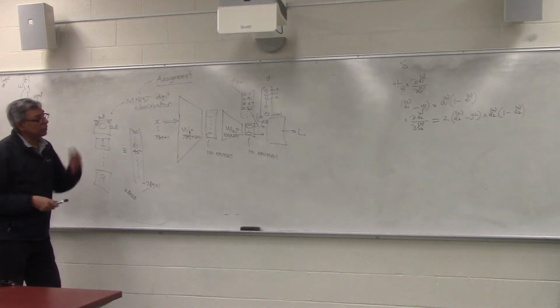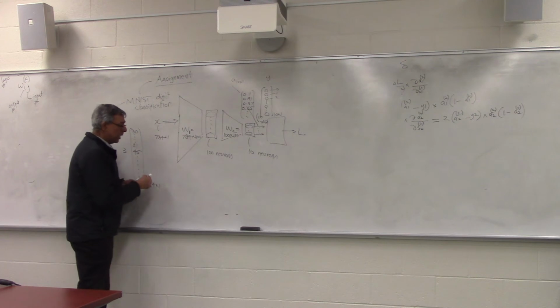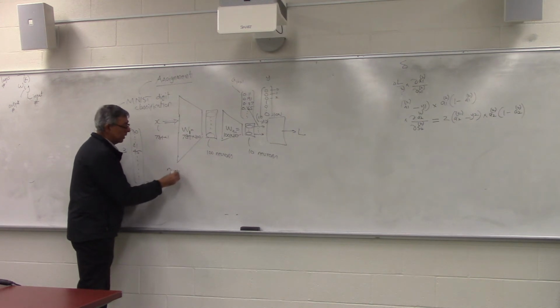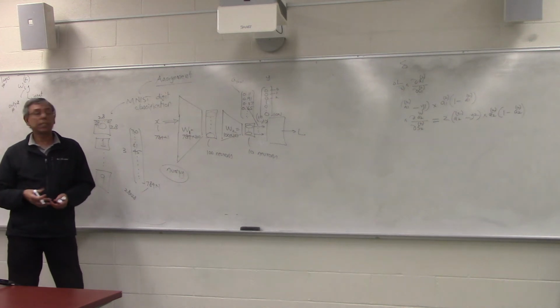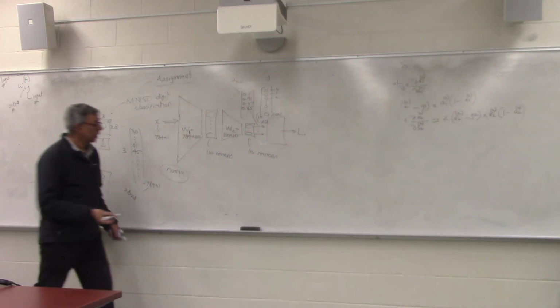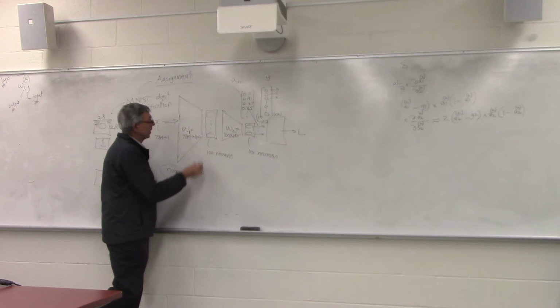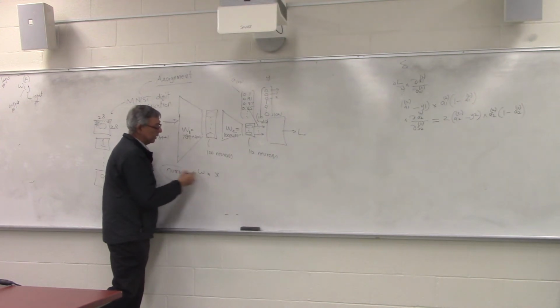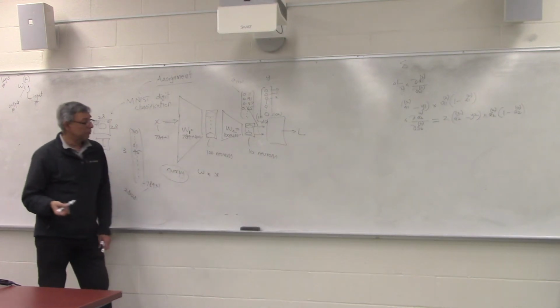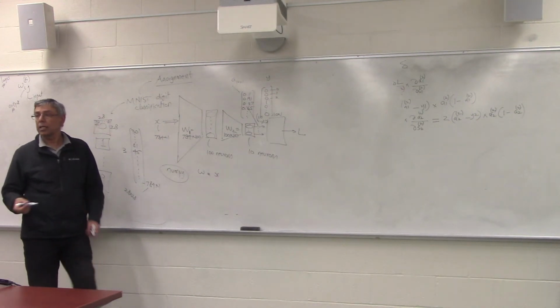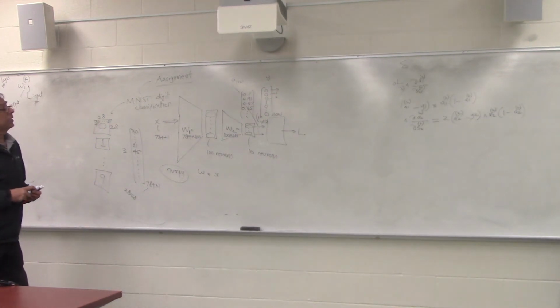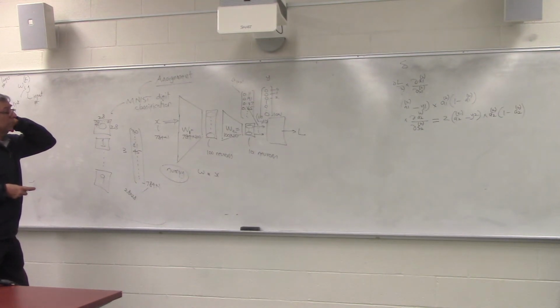The nice thing is the NumPy library in Python is extremely easy at multiplying matrices. You simply say W times X, or you can use np.dot, either way.